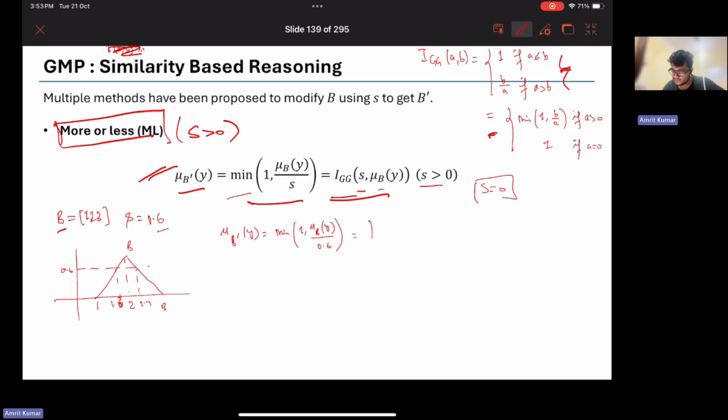In other words, it's equal to mu B of y divided by 0.6 if mu B of y is less than or equal to 0.6, and it is equal to 1 if mu B of y divided by 0.6 is greater than 1. And what is 1 divided by 0.6? It's 10 by 6, or in other words, 5 by 3.